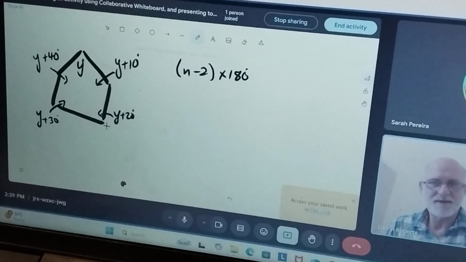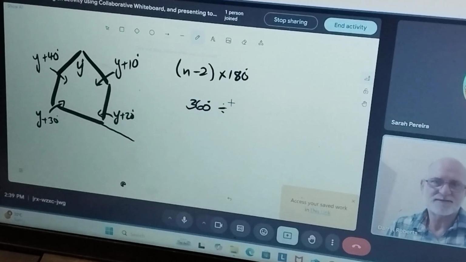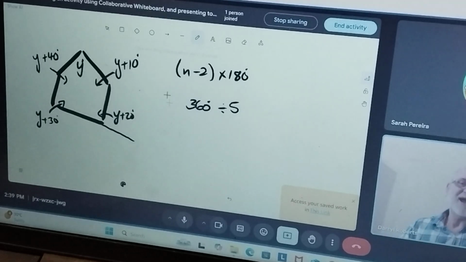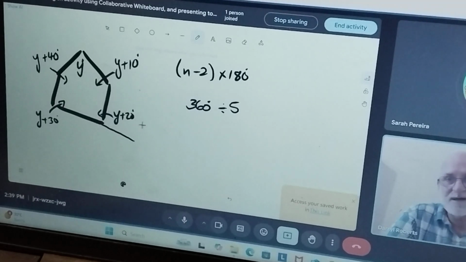I prefer the other method: the exterior angles all add up to 360, so 360 divided by 5 gives me the size of the interior angles.